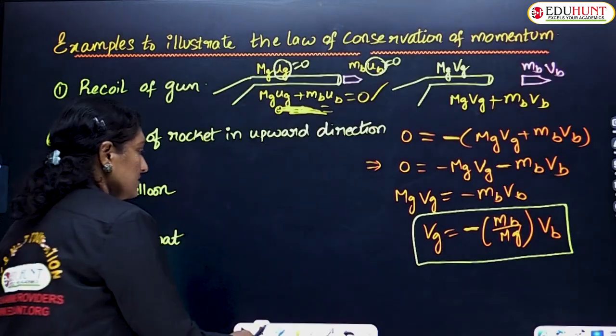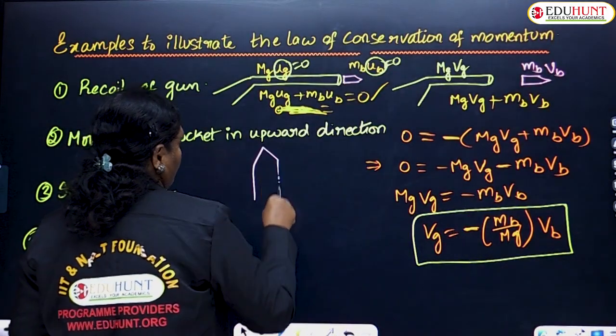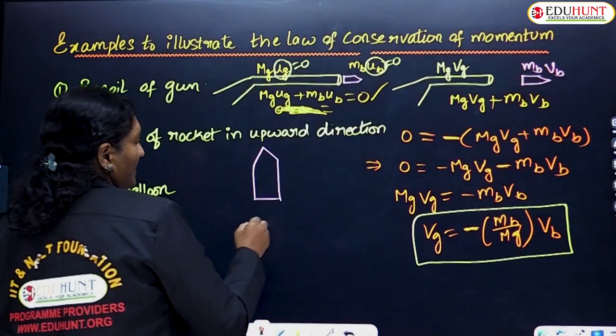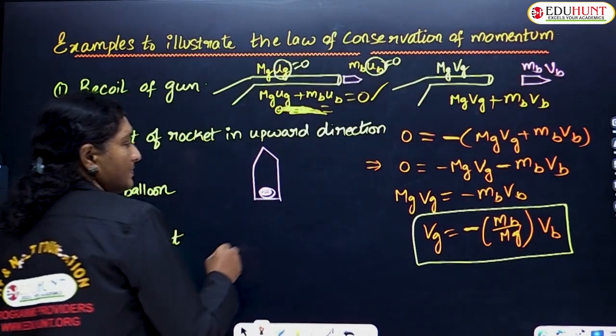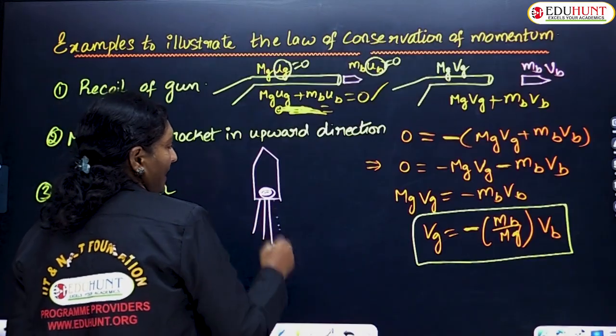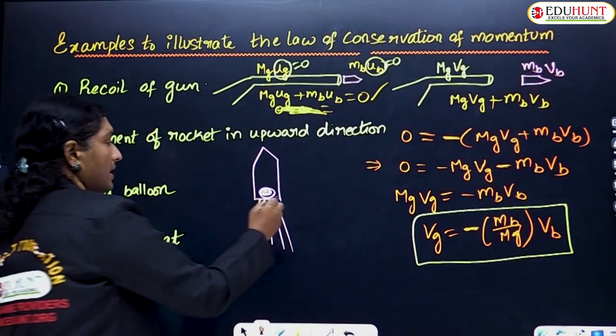So children, if you observe a rocket, inside a rocket the fuel is being burnt, and whenever this fuel is burnt, the gases eject outwards with large velocity.